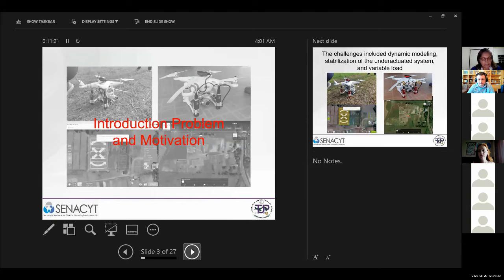This work is part of a research project funded by Senacid. For one of the stages of this research project, an unmanned aerial vehicle of specific specifications is required for the detection and characterization of rice plots as an important activity within precision agriculture and decision making.